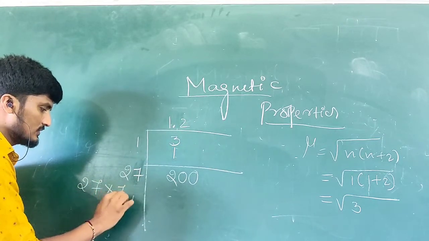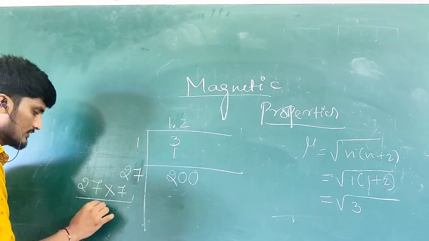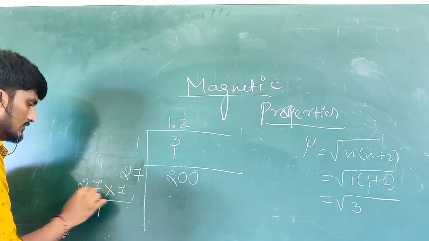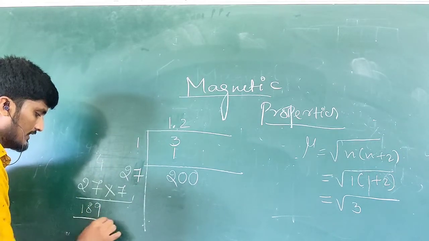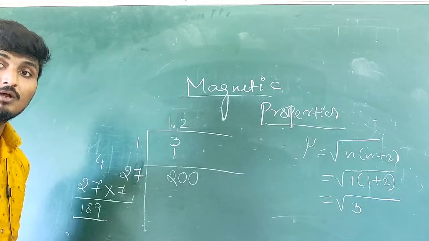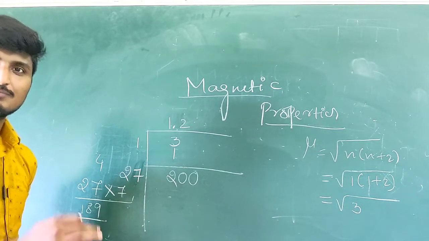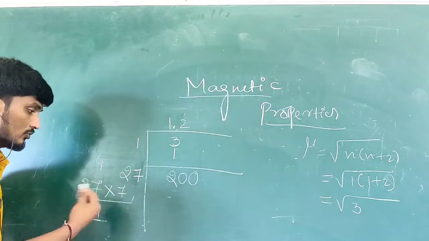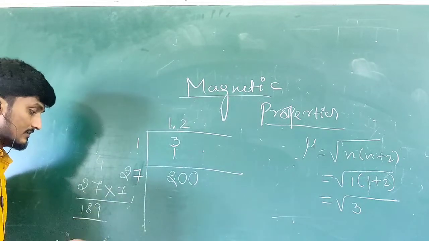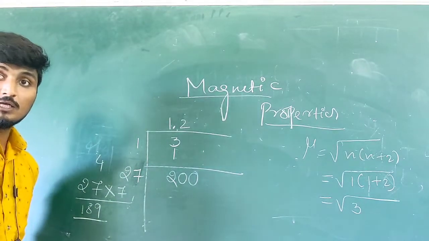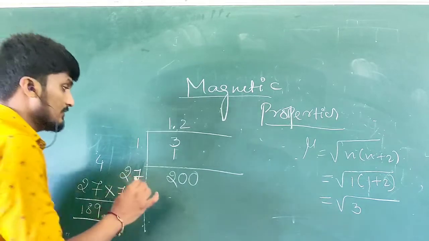So 27 into 7, 7 7s are 49, 189 will come. Less than 7 I can't take, you will get smaller numbers. If I go with 8, 28 8s will come more than 200, so I can't take that. So 7 is the proper number.